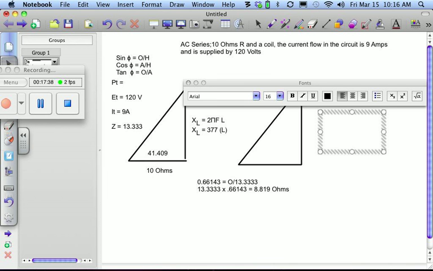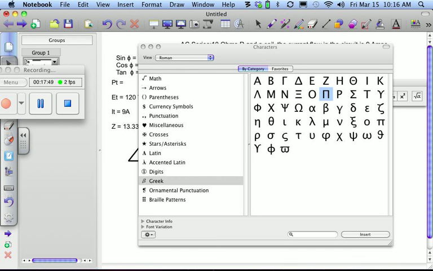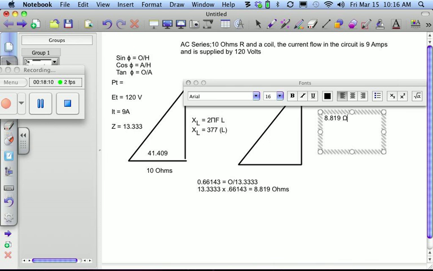So our 8.819 ohms, our ohm symbol. Should be down at the bottom, right? Third line in the middle, right there. There we go. Thank you.